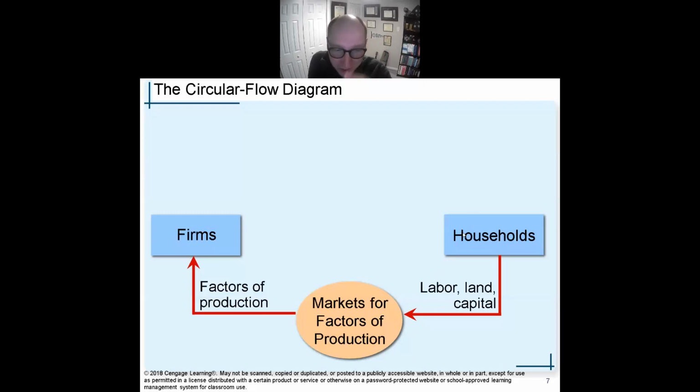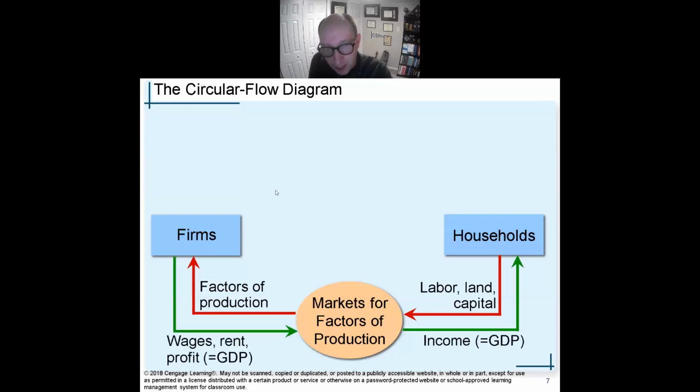So all of those resources come into the company. The firms produce the products, the goods and the services, to sell to the households. So that's what comes out of the firm on the top side.